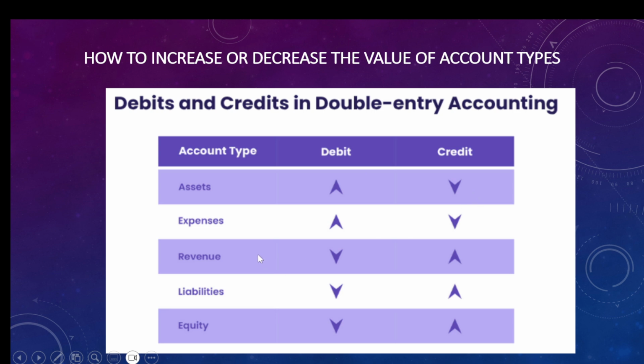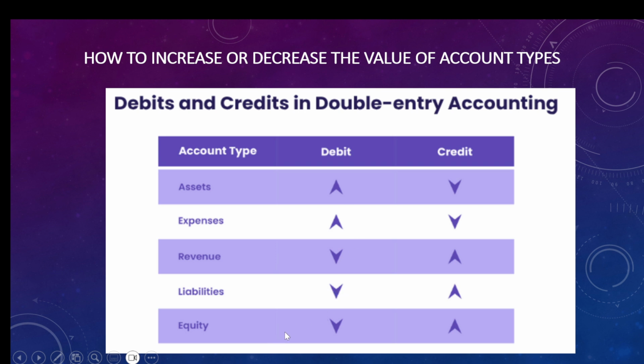Similarly, for revenue, to increase the revenue account we credit it, and to reduce it we debit it. For liabilities, to increase we credit, and to reduce we debit.